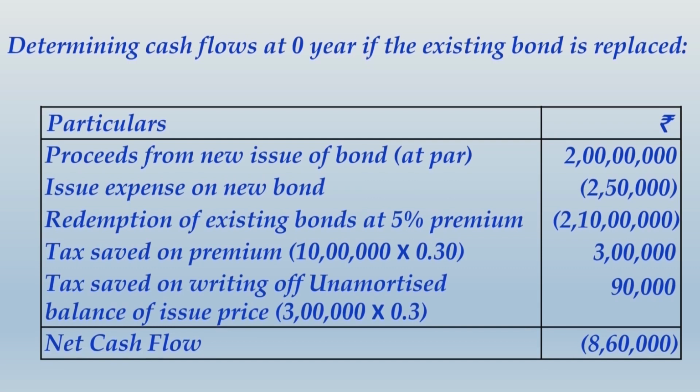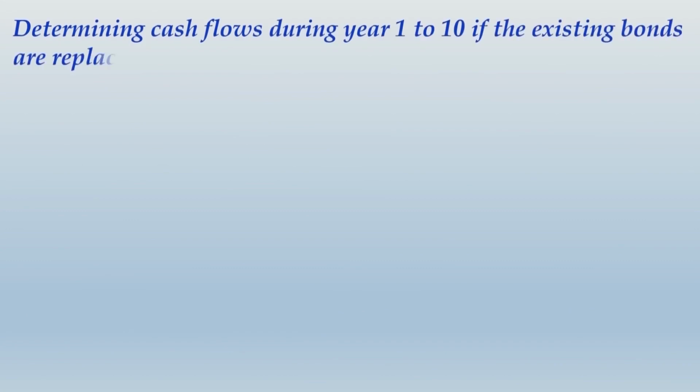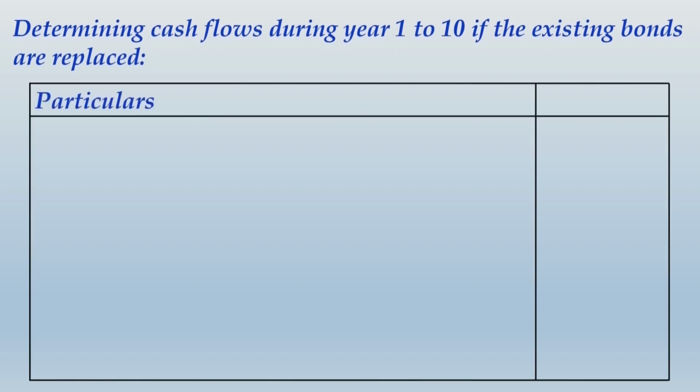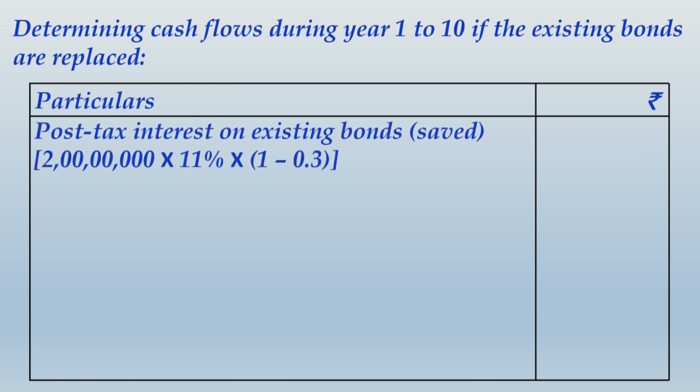Alright friends, you would have finished writing these calculations. Let us move ahead and determine the calculations for year 1 to 10, that is annual cash flows that arise because of replacement of existing bonds with the new one during year 1 to 10 on annual recurring basis. What we first do is consider the post-tax interest on existing bonds that you will save. 2 crores is the nominal value, 11% is the present coupon rate, and we want to take the post-tax effects.